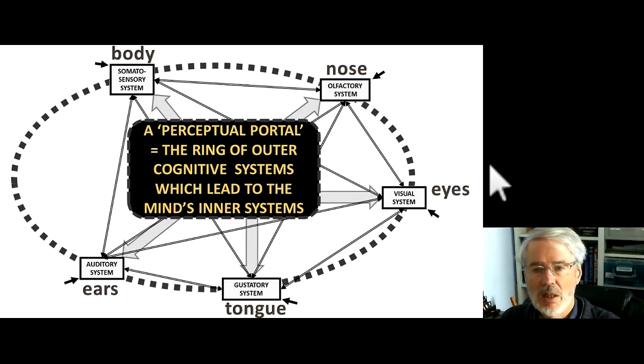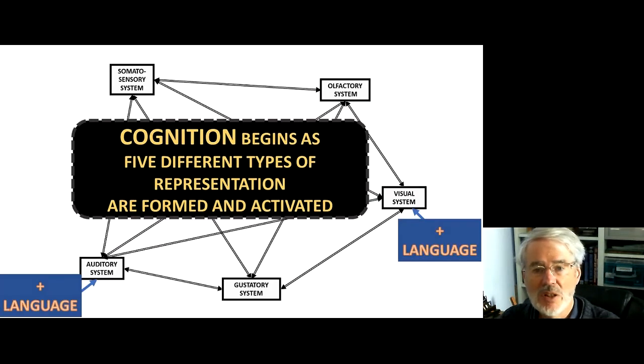So this outer ring of cognitive systems, the one that is nearest, as it were, to what we conceive of as the outside world, is our perceptual portal to the outside world, but it is also a portal facing inwards to the mind's inner systems. So we have a set of systems which are part of the outer layer of the mind, and now we're going to look at what's inside. But first, let's just review what we have.